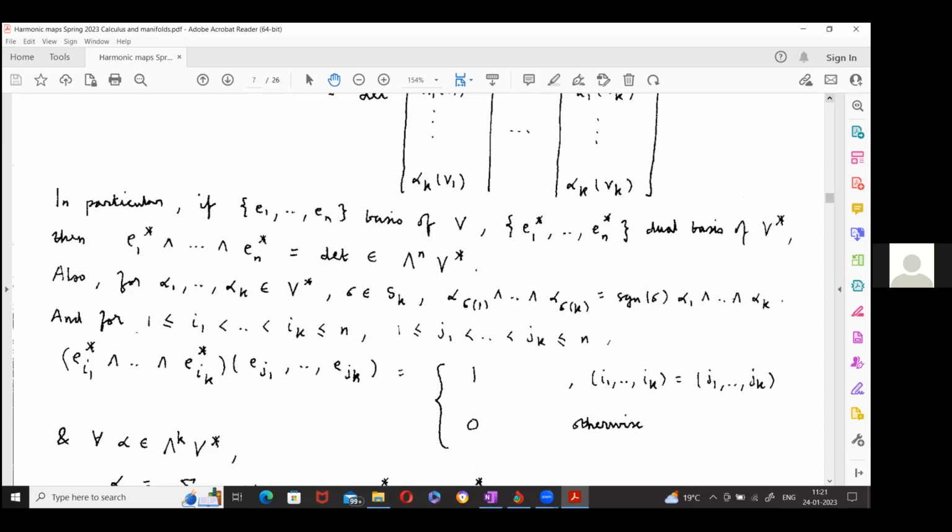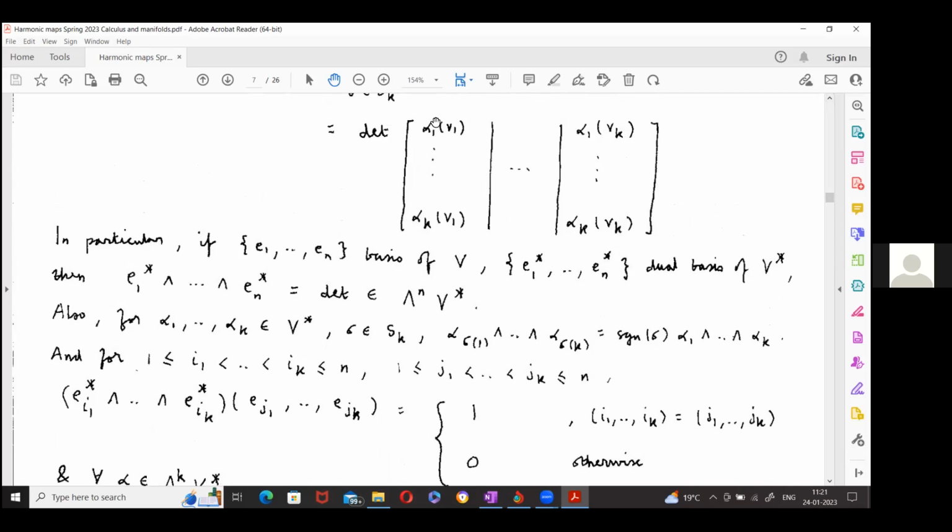Because permuting the alphas just means permuting the rows of this matrix, so the determinant will change by the sign of the permutation of the alphas. So the wedge product has this alternating property as well, acting on one forms.